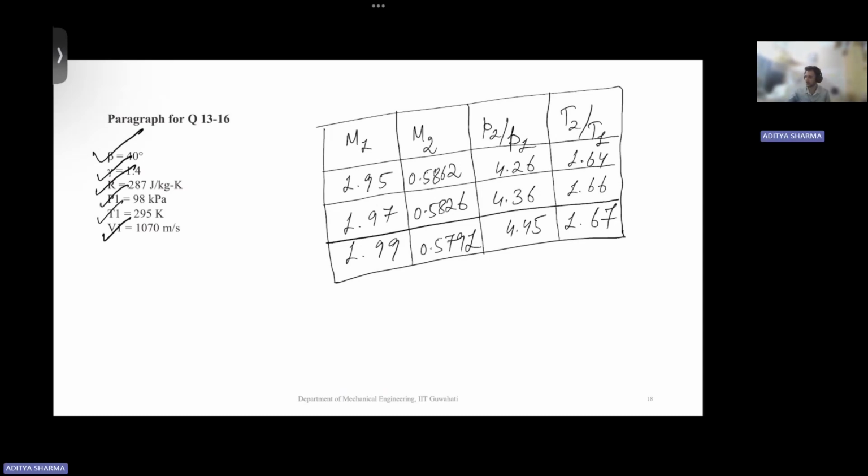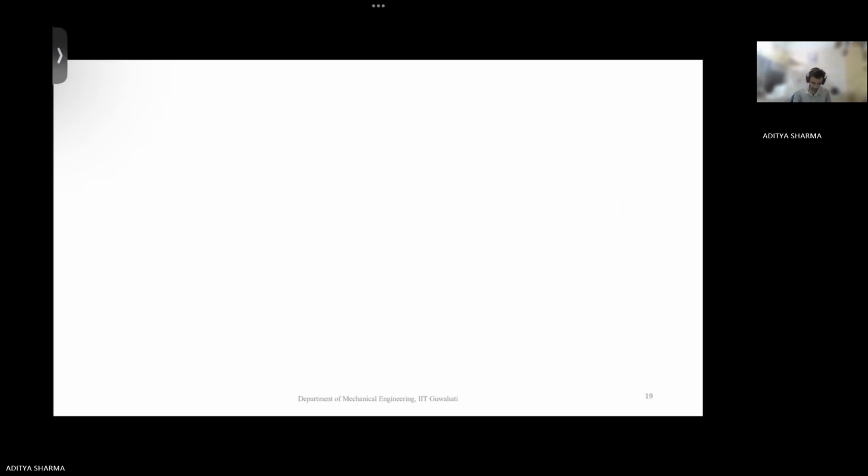Let's see the question: find the static pressure at downstream of flow.